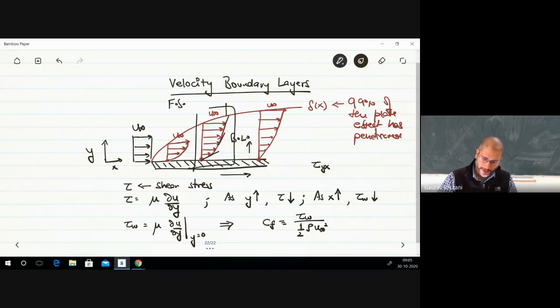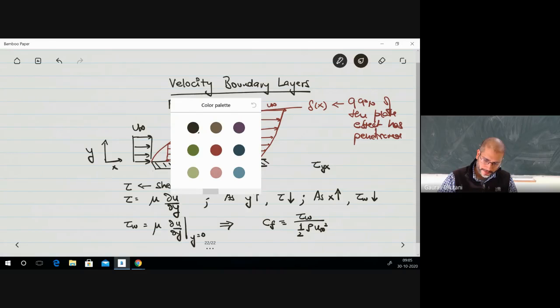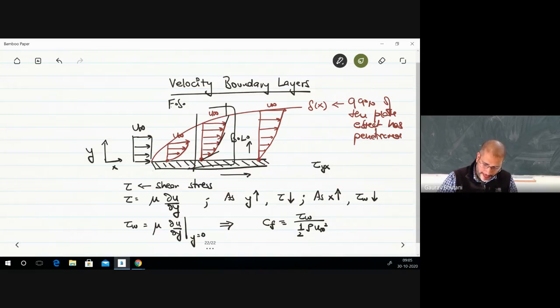That means I'm interested in the slopes at the surface. As you're going from left to right, you can see from these green lines that the slope is decreasing. Again, remember, this is del u by del y, so you have to see the figure rotated 90 degrees from the bottom.